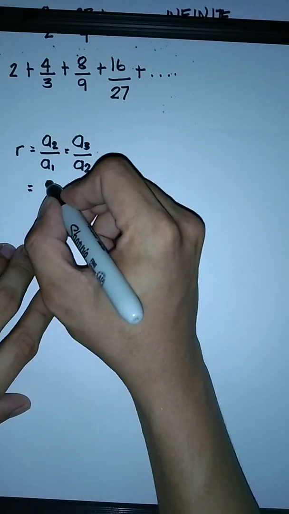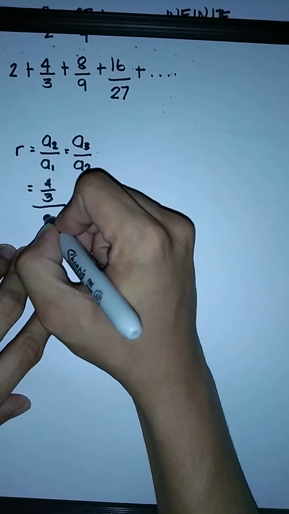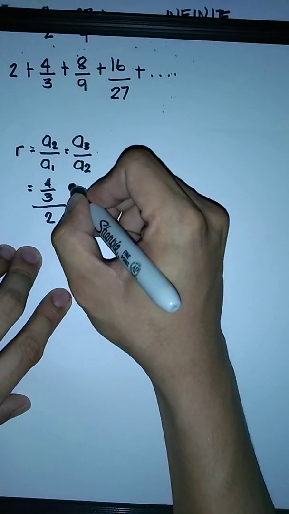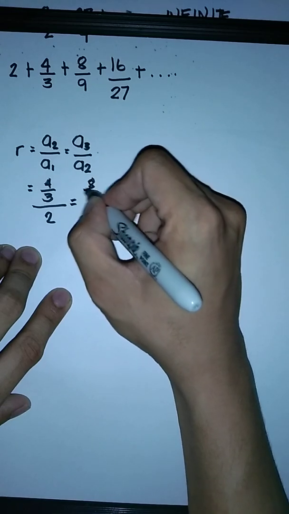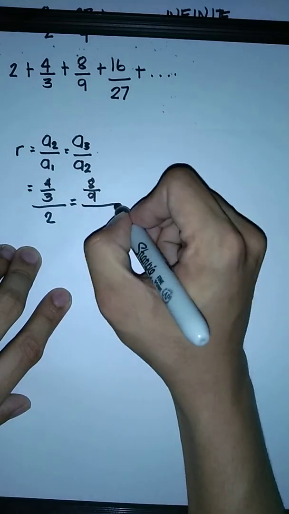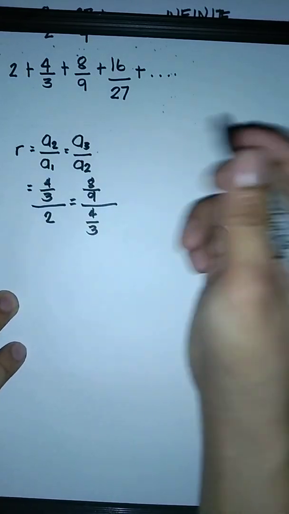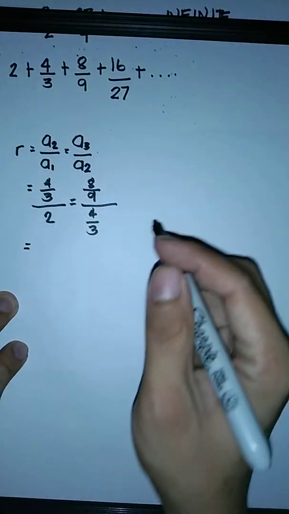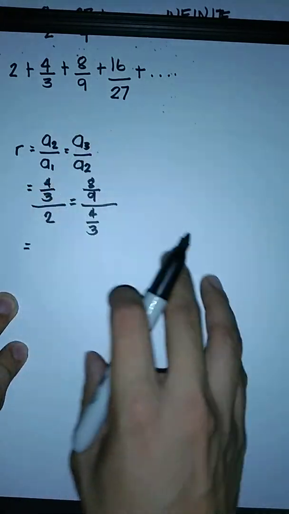given. So, we have a sub 2 which is equal to 4 thirds all over 2. And then, that should be equal to 8 over 9, 8 ninths all over 4 thirds. So, I won't focus muna dito sa ating given na equation na ito.